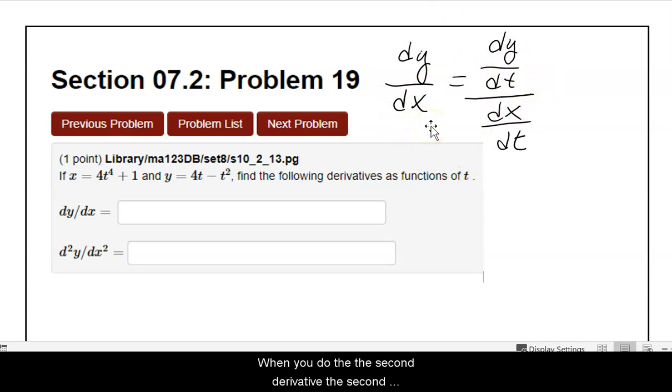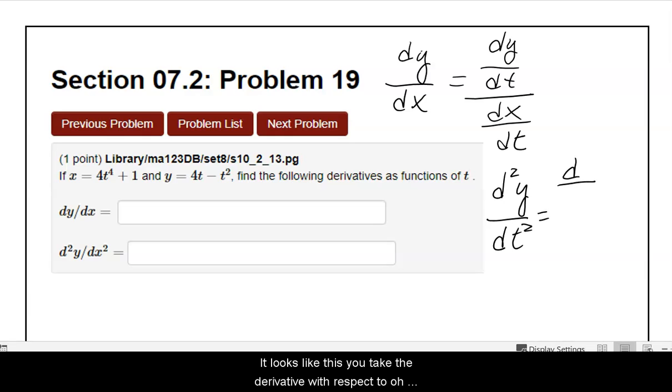Now, when you do the second derivative it gets a little bit difficult because both x and y are functions of t itself. So the second derivative formula is more complicated, and it looks like this.